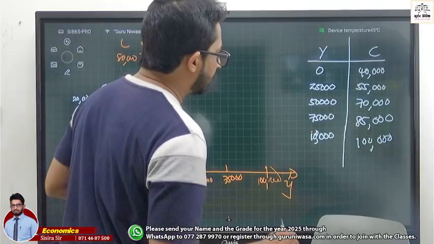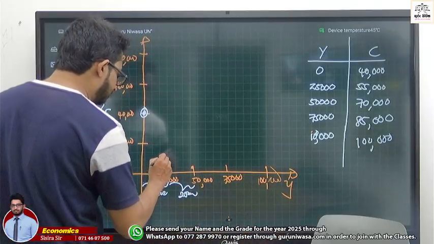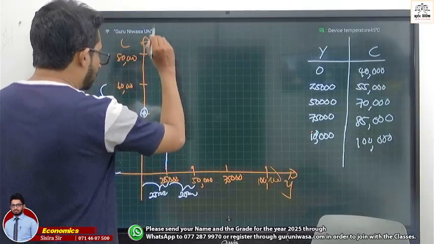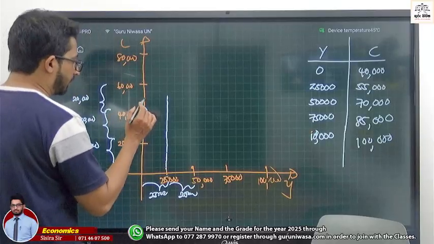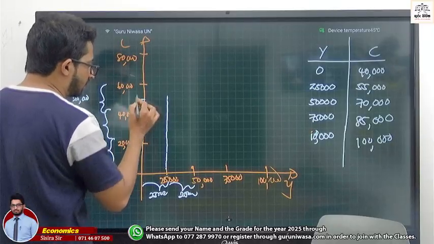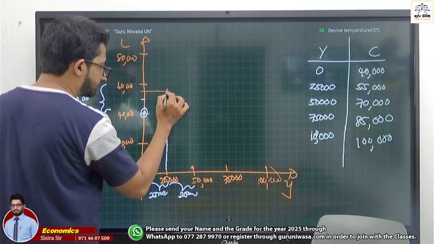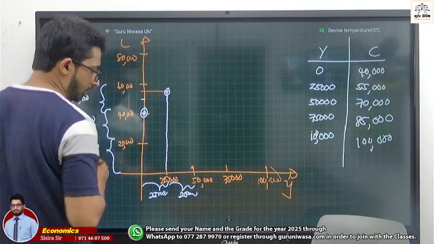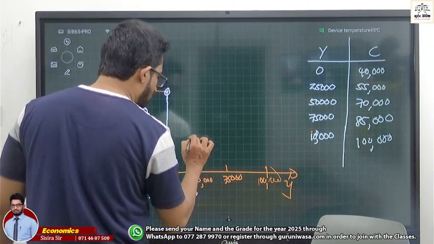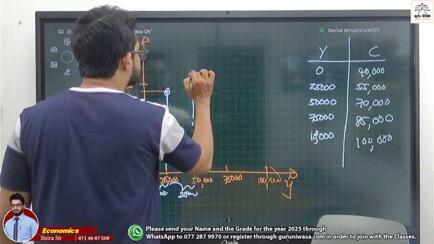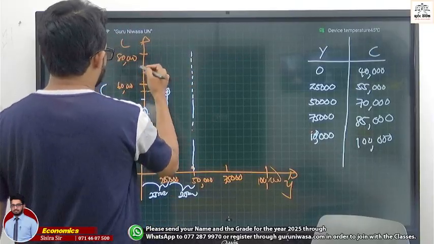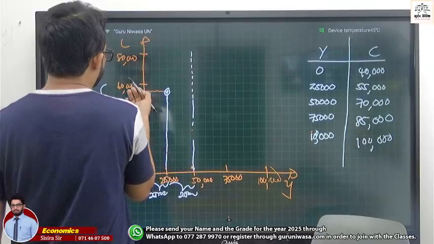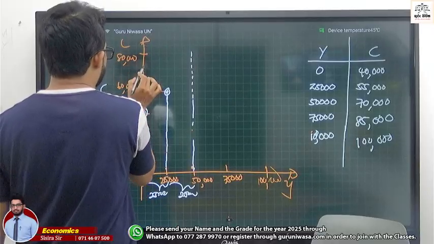Second one, Lama, when income is 25,000, consumption is 55,000. Where is the point? Middle point is 50,000. Here is the point. When income is 50,000, consumption is 70,000. 70,000 is the midpoint between 60,000 and 80,000.